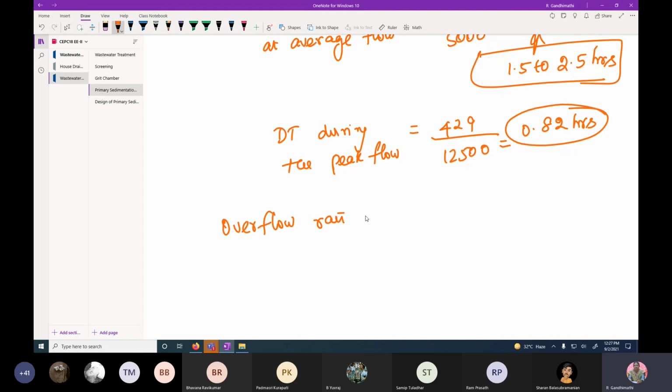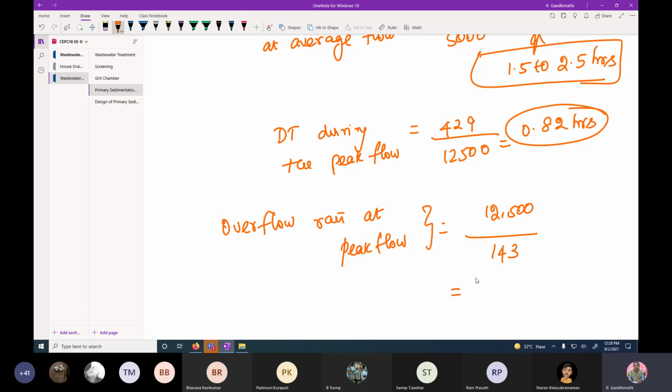Mostly we can expect only the average flow during the normal period of time. Then the overflow rate at peak flow condition is 12,500 divided by the surface area of 143.